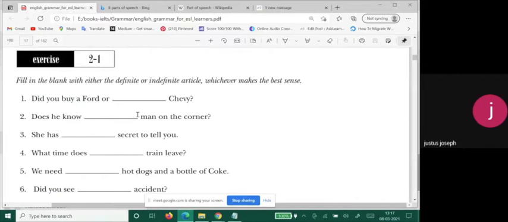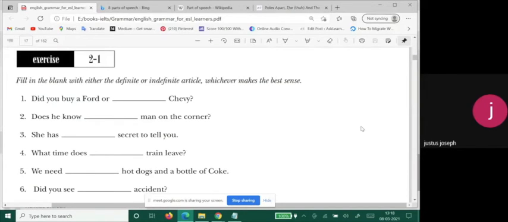Does he know the man on the corner? Will it be "the"? Is it a man we know or a man we do not know? The man. It is someone we know, right? The person pointed out at the corner. Does he know the man on the corner? Will you ever say, does he know a man on the corner? That is wrong.